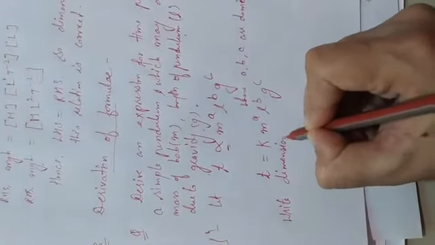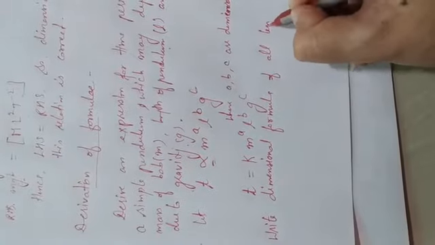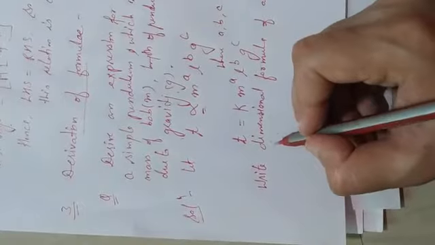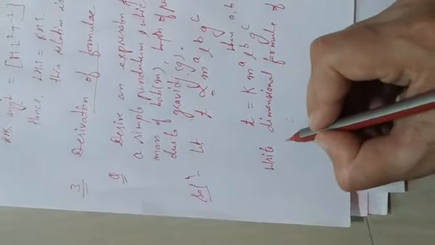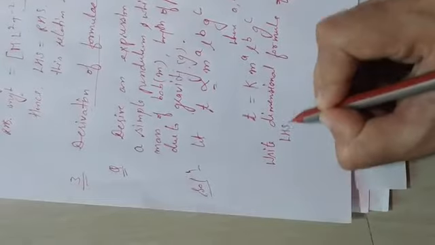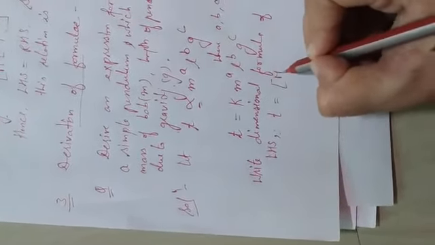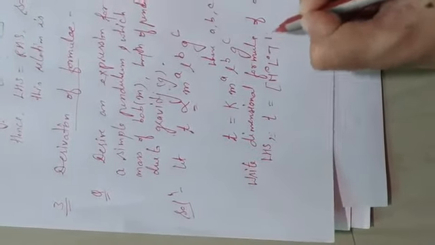Now write the dimensional formula of all terms. T is a time period, so for the left hand side, T, we can write M0 L0 T1.